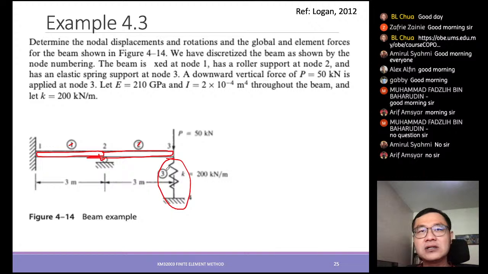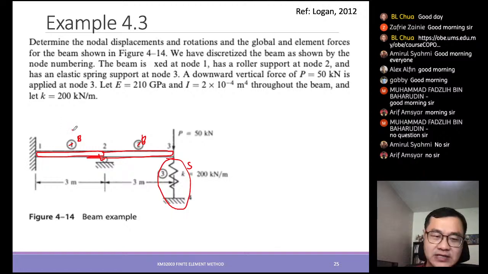You have already learned the beam element, the prismatic bar element, and since these are bars with a force acting in the transverse direction, the beam element is best. But this element itself is a spring, so you can use a spring element over here.